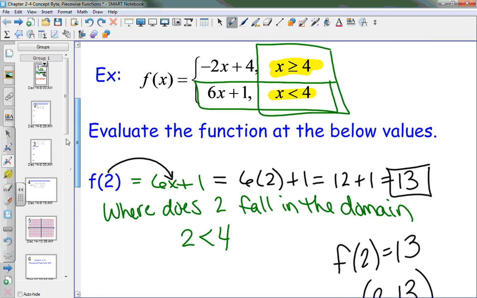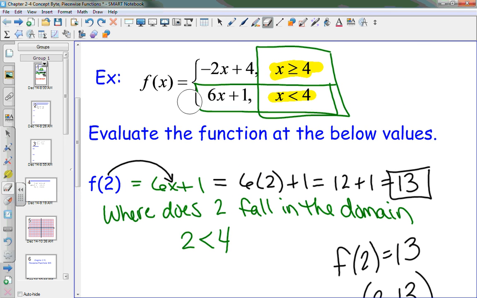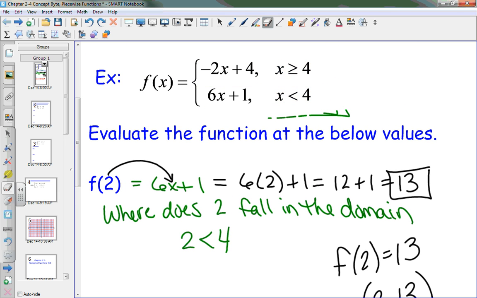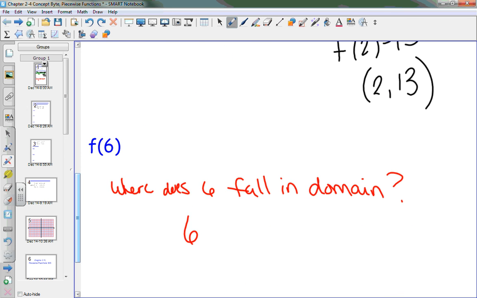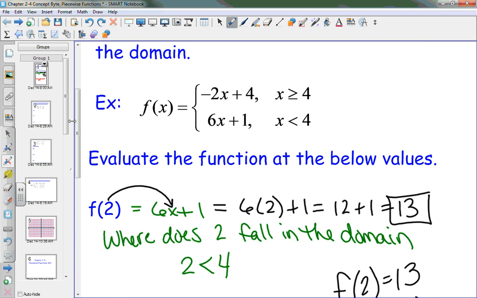So if we look at this, 6 would actually be greater than 4. And since 6 is greater than 4, I'm going to use this part of the function, which is going to be negative 2x plus 4. Why? Because it's in the part of the domain where it's greater than 4.